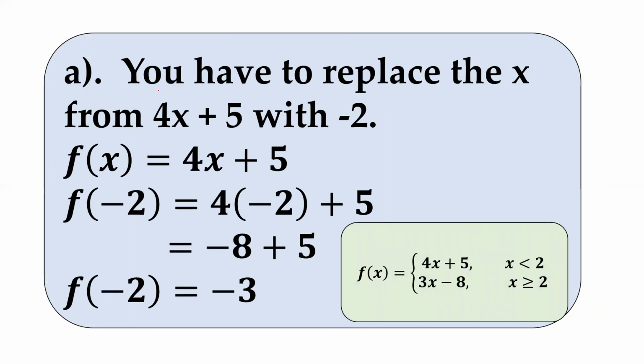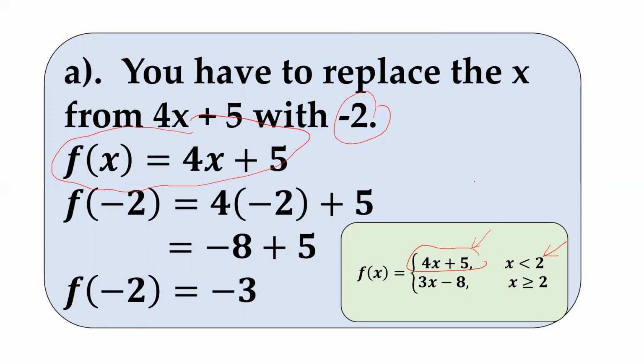Why do we use the function 4x plus 5 here? Because the replacement value of negative 2 belongs to the interval of x less than 2. Negative 2 is less than 2. Therefore, we will use this function here, 4x plus 5.